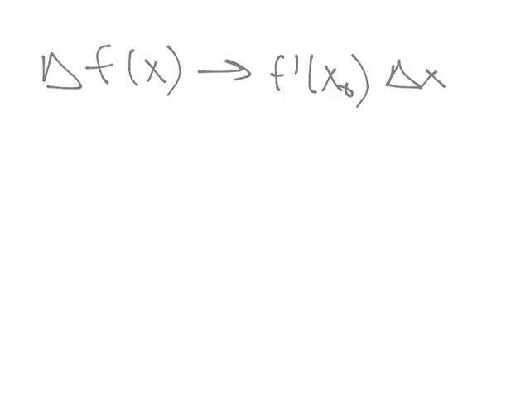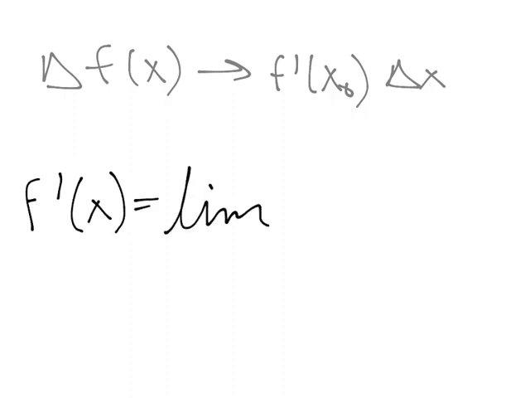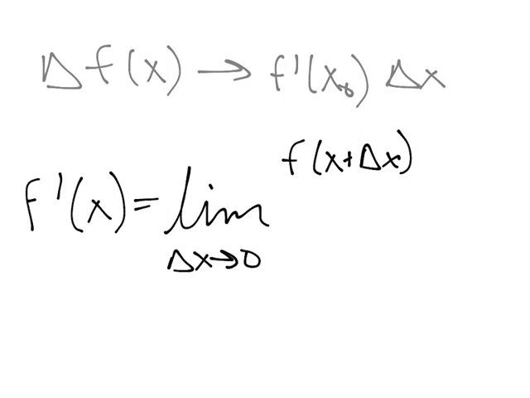We know that f prime of x is equal to the limit as delta x approaches 0 of f of x plus delta x minus f of x over delta x.